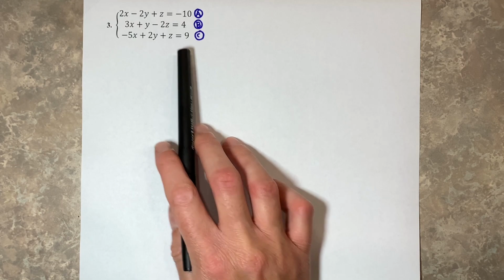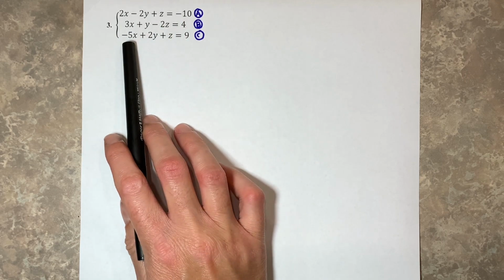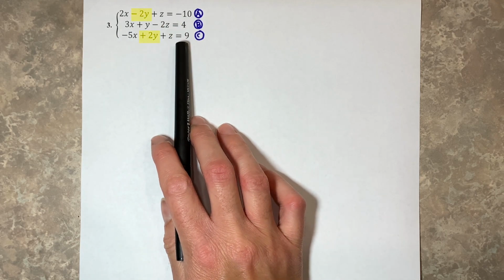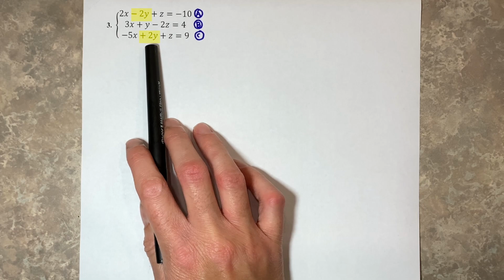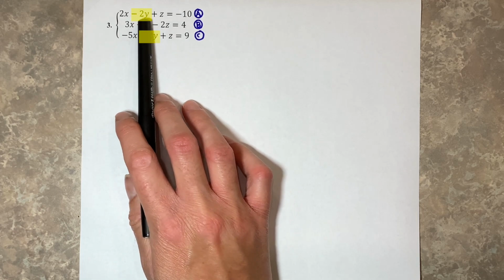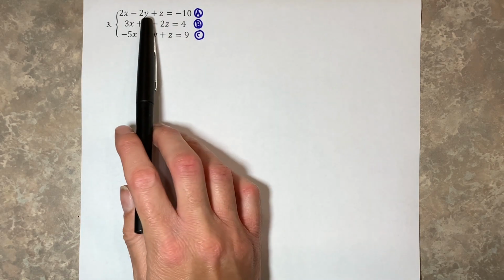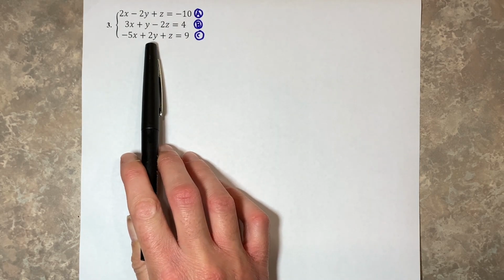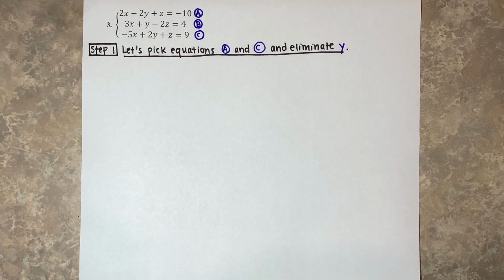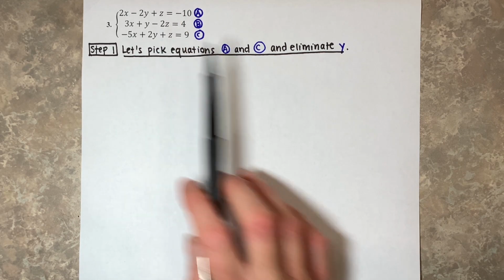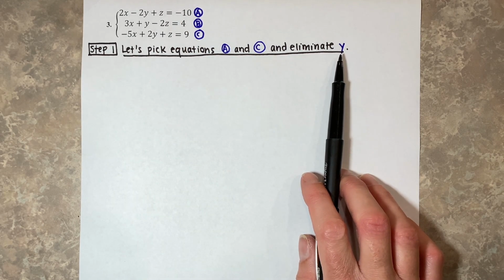Yes. In fact, if we look at equation A and equation C, the y's have matching but opposite coefficients. We have -2y and +2y. So it will be really quick and easy to eliminate y in equations A and C. So I'm going to decide to pick equations A and C and eliminate y for step 1.